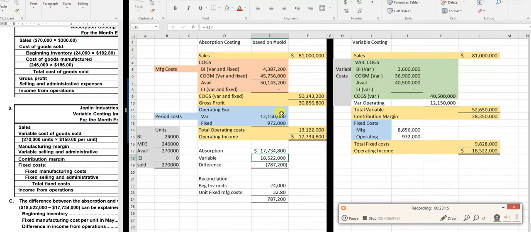This is why I kind of like to split them up. I'm going to have to change these to maybe bright yellow. Okay, this number, variable operating. Notice it's the same on both sides. Fixed operating, it's the same on two sides.